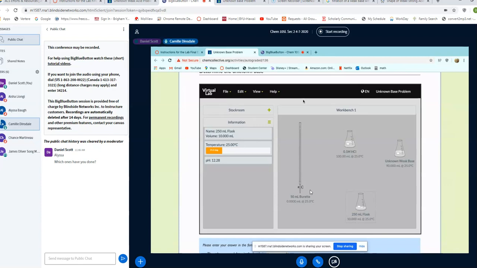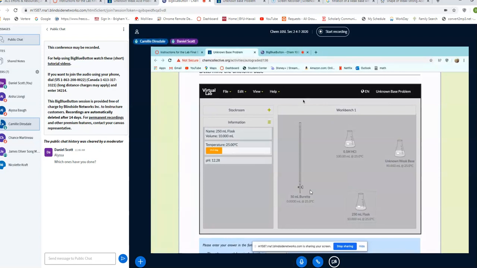Okay, so I have my screen on there for my unknown base problem right now in the lab. And so far, we've just kind of gone over how to calculate, like, pH plus pOH equals 14, right? Yeah. Mm-hmm. And then I don't know how you got to that graph.